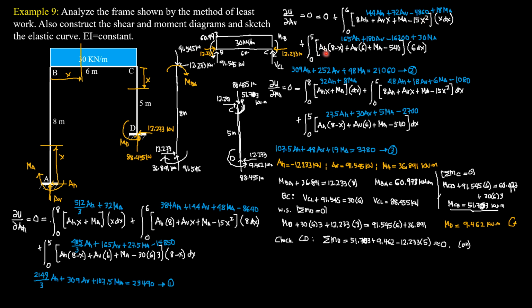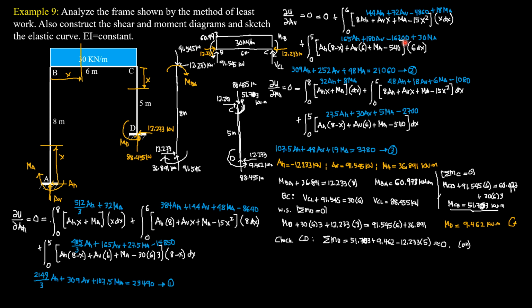Integral of 8 minus x times 6, 0 to 5, that's the coefficient of AH, 165 AH, integral of 6 times 6 dx, 0 to 5, is 6 times 6 times 5, 180 AV. Integral of 6 dx is 6 times 5 times MA, so that's 30 MA.